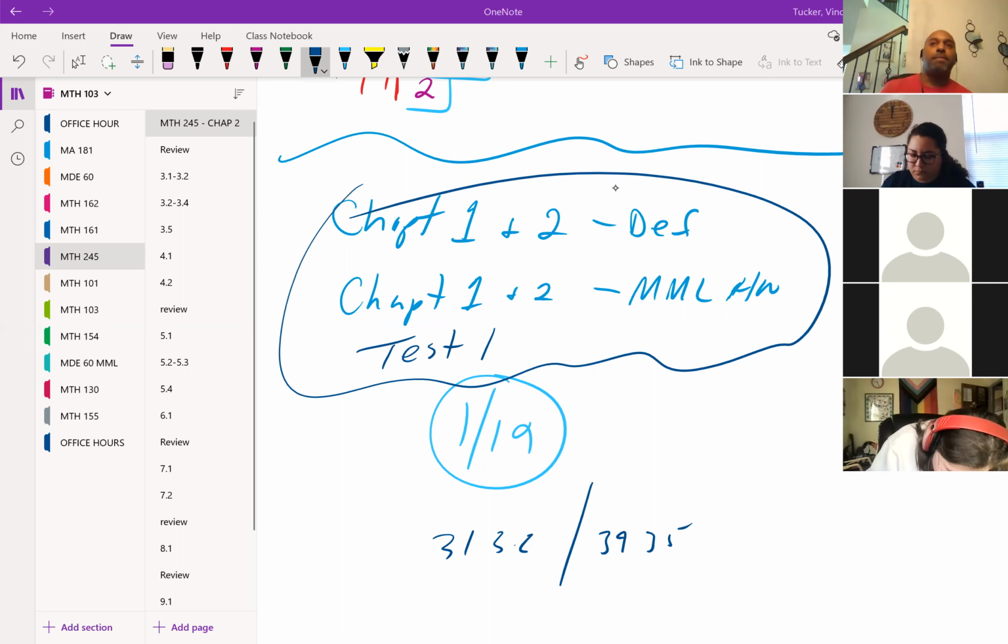For anybody else wondering about the attendance thing, I look at it weekly. I mentioned this the first day of class, so if you missed it, I just need you to go in there. Let's say you weren't able to get some work done in math lab this week, cool. I need you to at least go into a homework assignment, hit save, and come out.